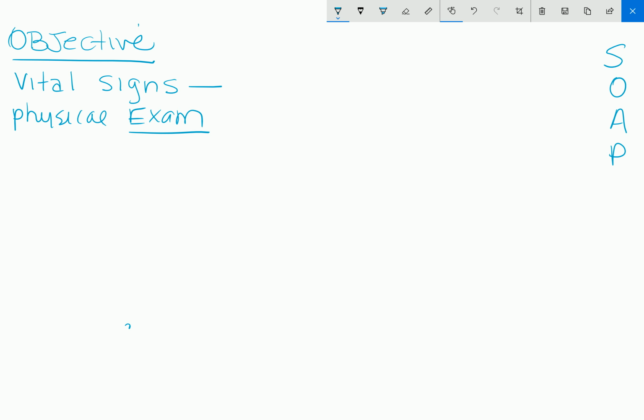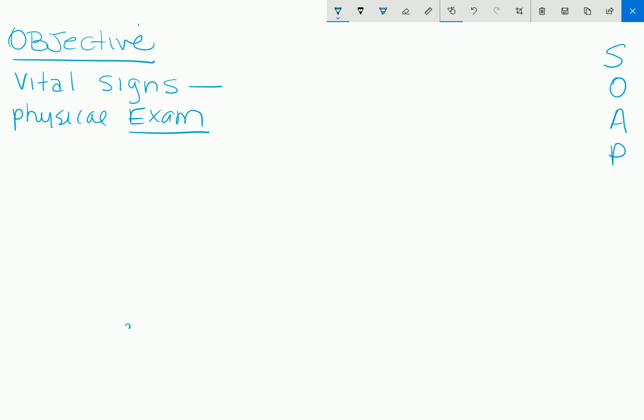So we are going to check for body systems that are mentioned in our HPI. And that's something that we always have to do in documentation. And there are certain things that you're going to always document on. And I'm going to go over that right now with you.